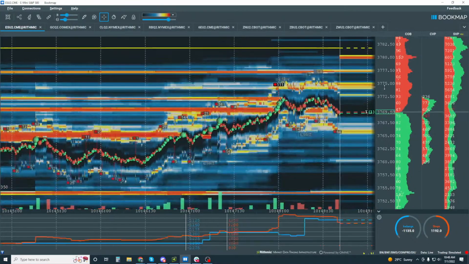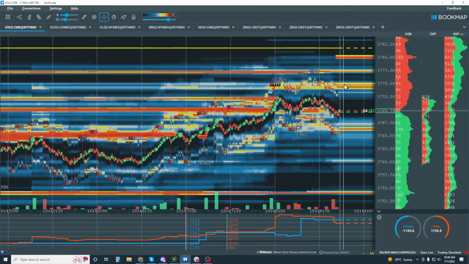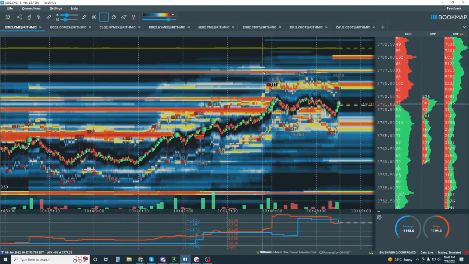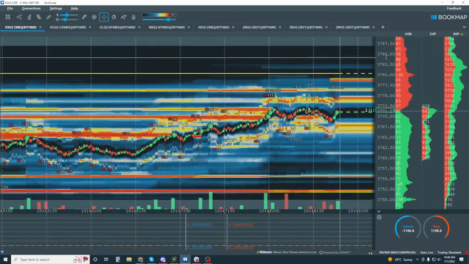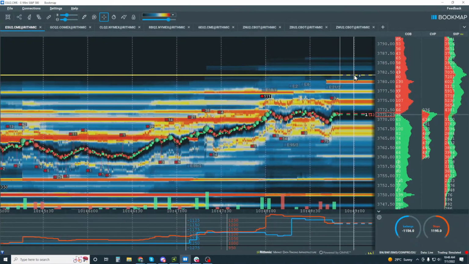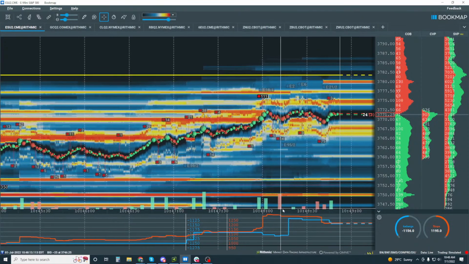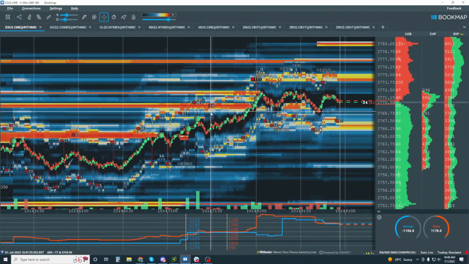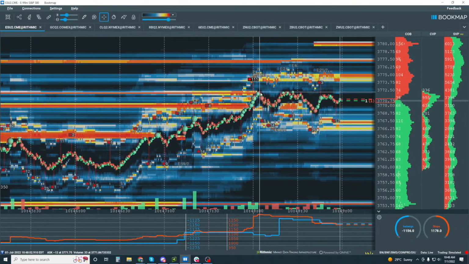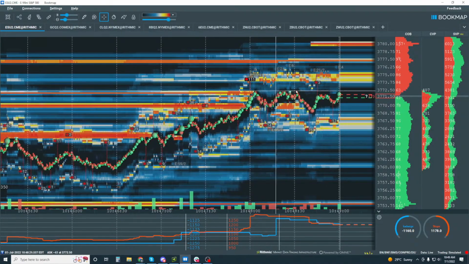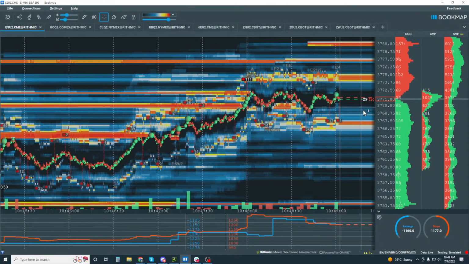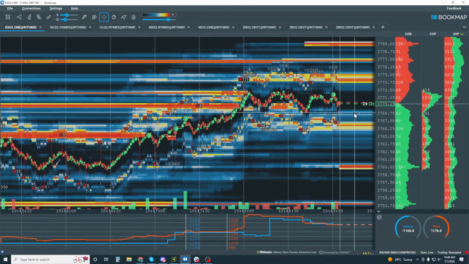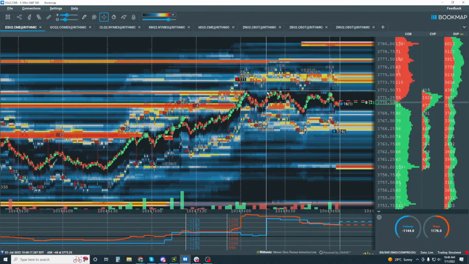If we do, then we can go to next levels of liquidity, 75, 77, back to previous point of control, or current point of control up here at 80, 82. Yeah, here's some buyers. What's the bid look like? Again, kind of dark in there.